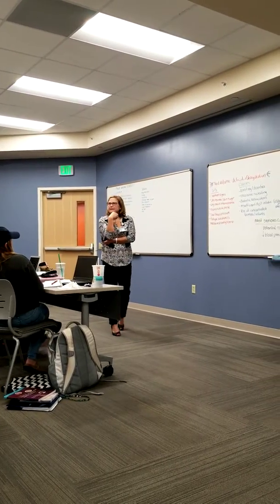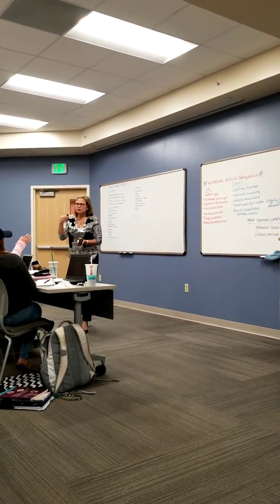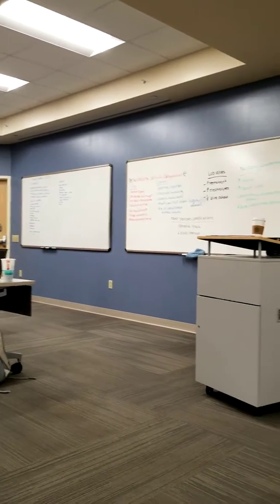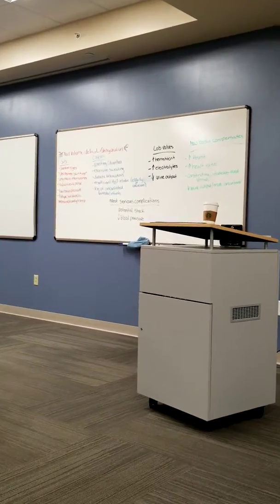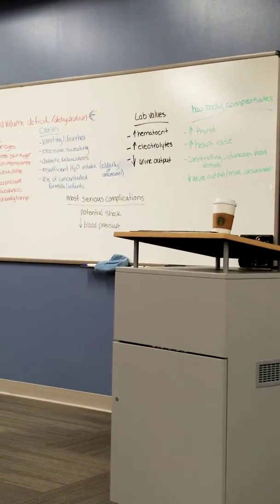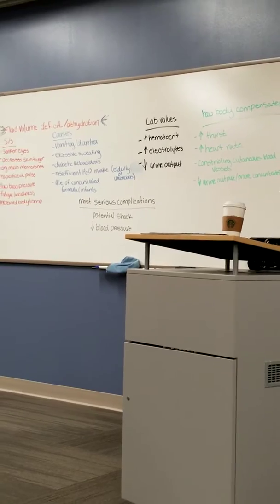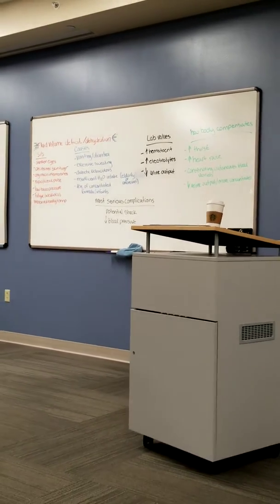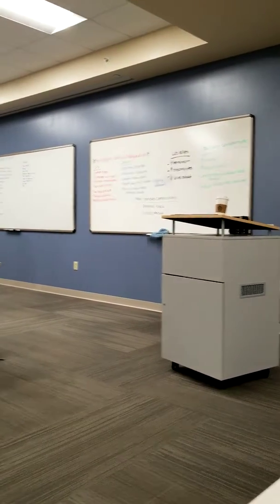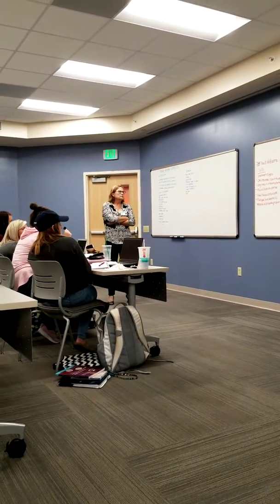Fluid volume deficit, do you want to explain that? So fluid volume deficit or dehydration causes are vomiting or diarrhea, excessive sweating, diabetic ketoacidosis, insufficient H2O intake. That's in the elderly or unconscious, and use of concentrated formulas in infants.